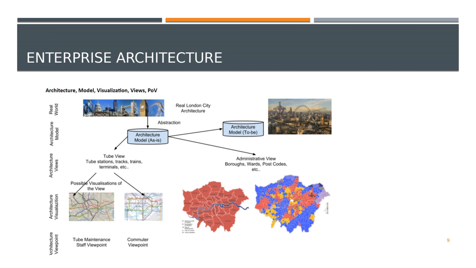Then for all of your locations, you are assembling them, you are representing them in your architecture model, okay? So we have real world, we have architecture model, then we have architecture view, then we have the virtualization, okay?